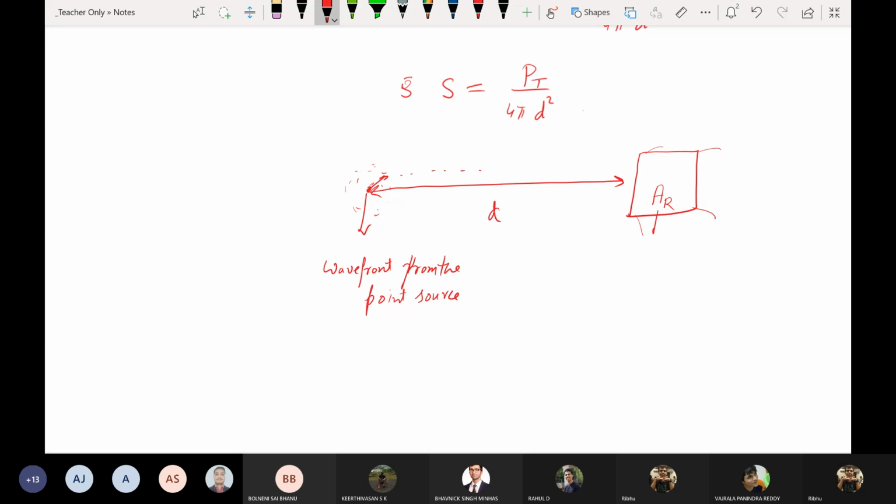AR is the area of the interceptor. You can say that the sun is a source of electromagnetic radiation, for example, and you place a solar cell outside. The area of the solar cell will decide how much sunlight it can accumulate, right? So this receive antenna has an area or aperture AR.